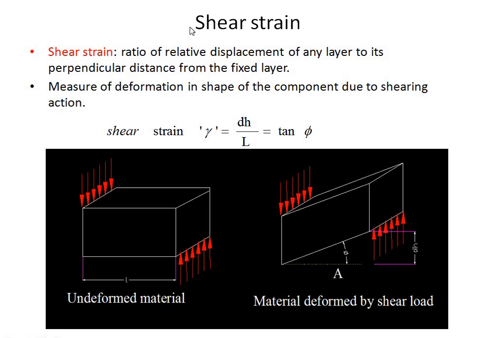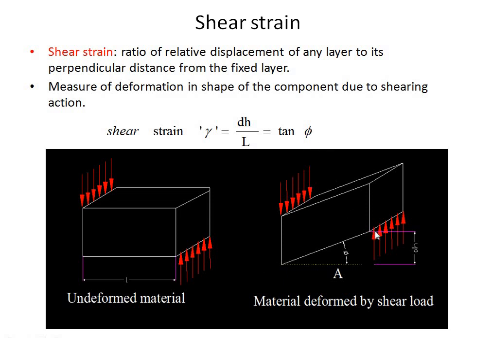Now shear strain, right? Till now we have seen normal strain and Poisson's ratio. Now it is shear strain: the ratio of relative displacement of any layer to its perpendicular distance from the fixed layer. Assume in this diagram this is one layer, this plane, and this is another plane. Assume this portion is grounded.